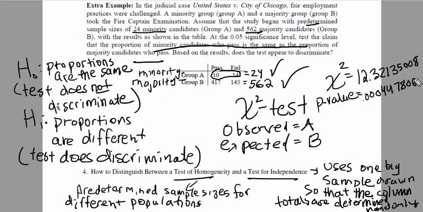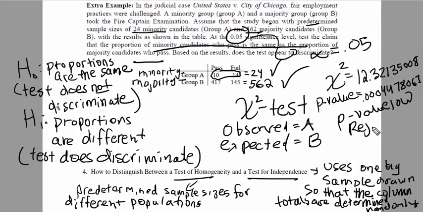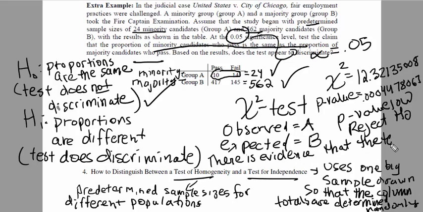All right, now they want an alpha of 0.05, so this p-value is actually low because it's less than 0.05, so we're going to reject H0, which means that if we're rejecting the null hypothesis, there is evidence that the test does discriminate.